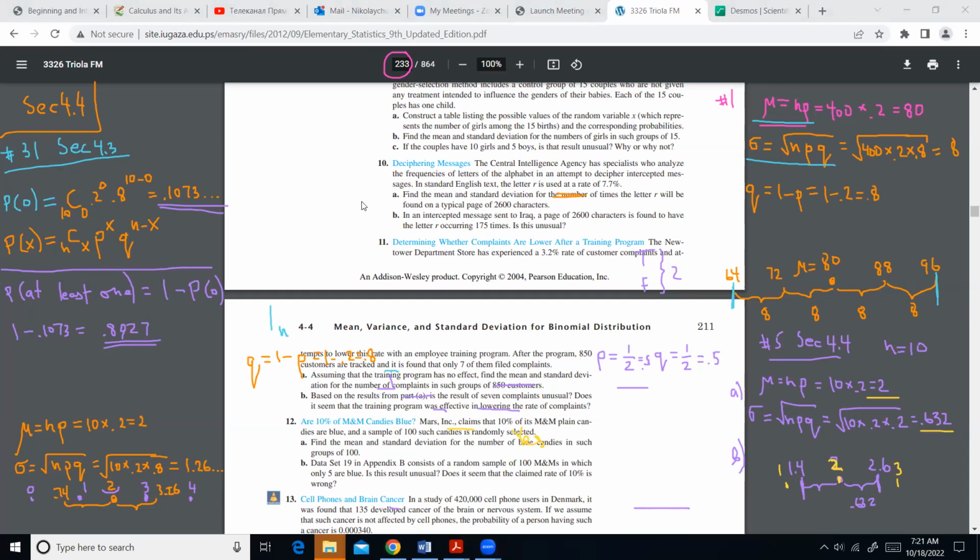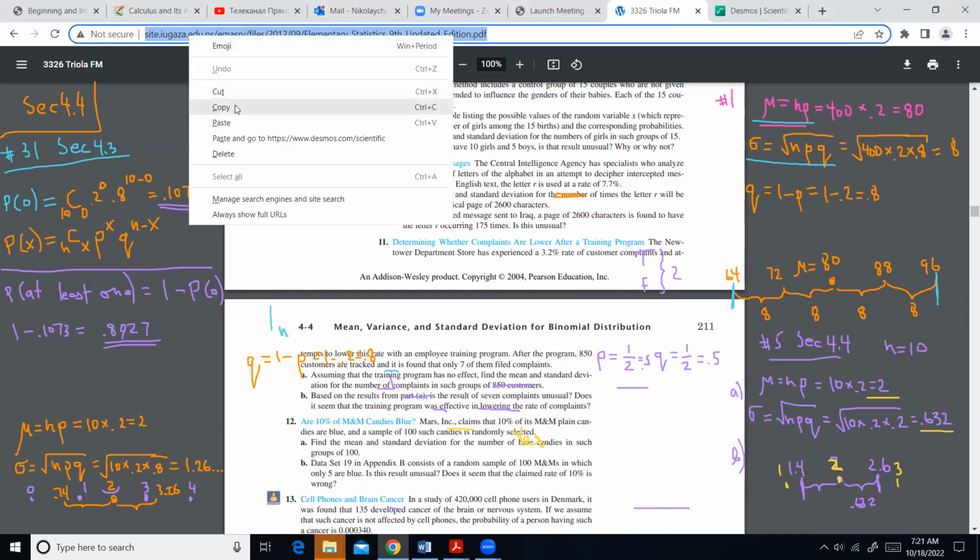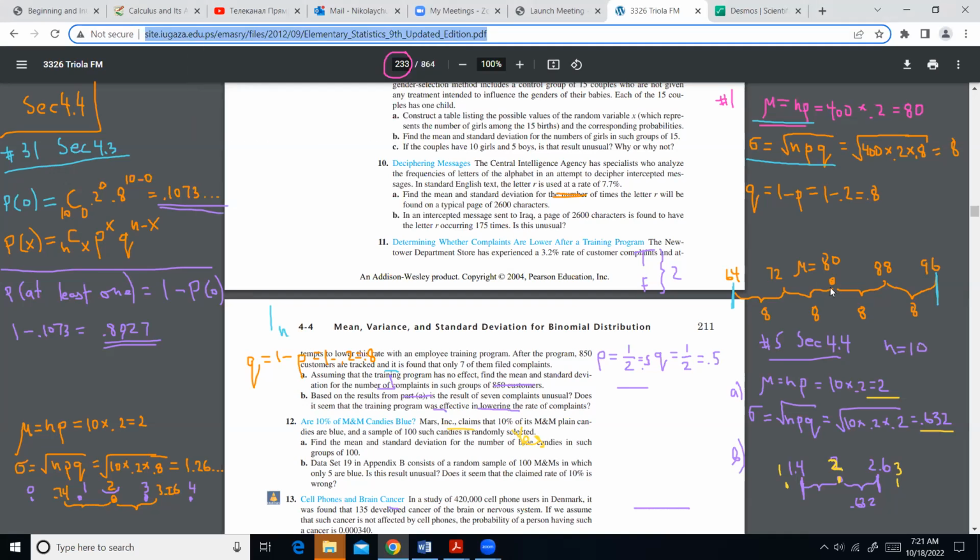And again, I'd like to put the link to the textbook here in the Zoom chat, because I got a feeling that some people don't have this textbook as of yet. Let me put this link, and I just saw a question in chat, so I can answer it.